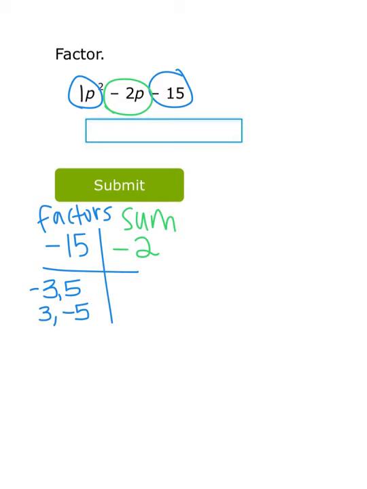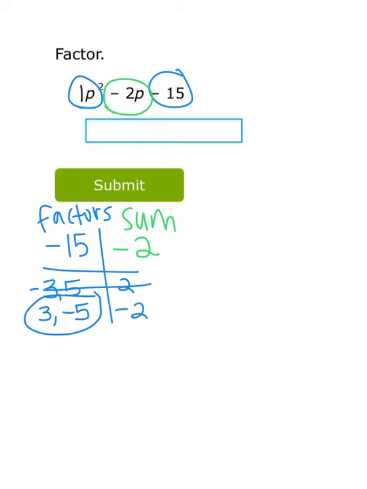Now let's add them together and figure out which one would give me a sum of negative 2. Negative 3 plus positive 5 is positive 2. So that one does not work. 3 plus negative 5 is negative 2. So those two factors work.